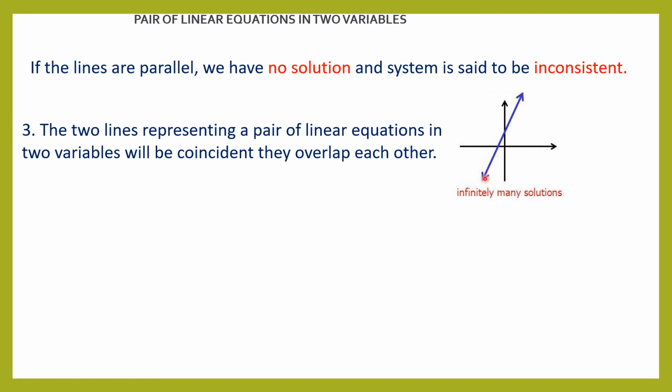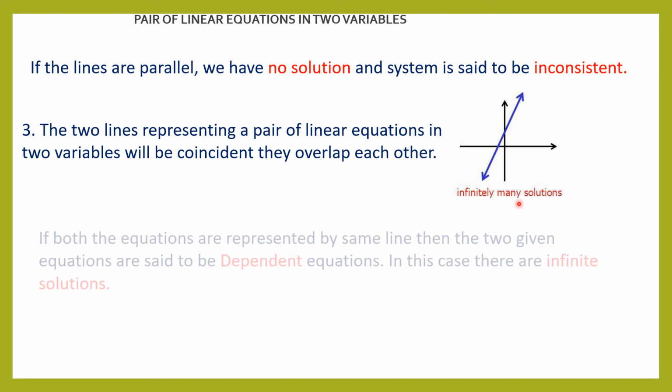It contains infinitely many solutions. Intersecting lines contain only one unique solution. Parallel lines do not contain any solution. Coincident lines contain infinitely many solutions.